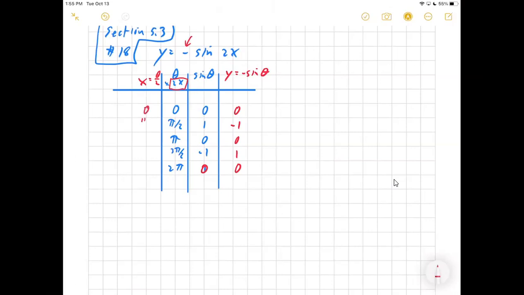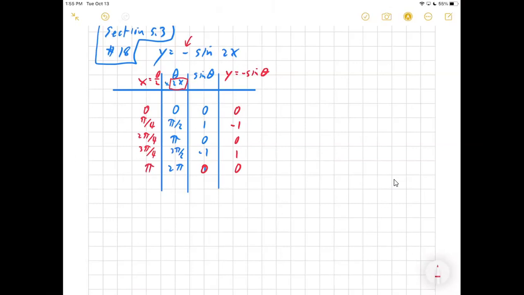Half of pi over 2 is pi over 4. Half of pi is pi over 2. I could call that 2 pi over 4. That might be helpful. We'll see a pattern here. And half of 3 pi over 2 is 3 pi over 4. And 2 pi divided in half would be 4 pi over 4, or just pi.